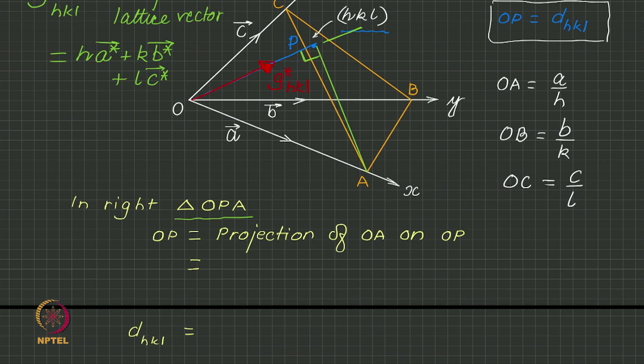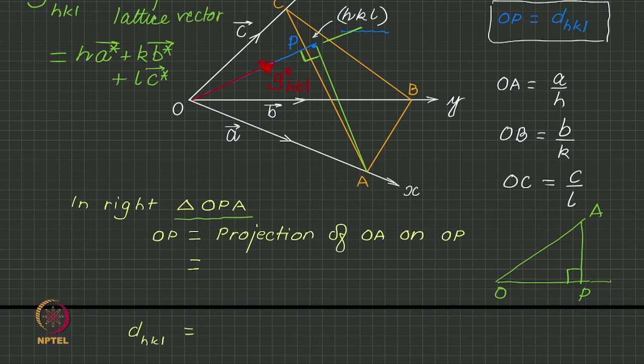If you draw this triangle, with OP, OA and AP, the angle APO is 90 degrees. Sometimes this orientation is a little disturbing to see; we usually like to draw it this way.